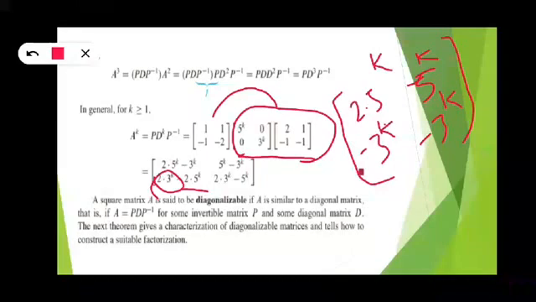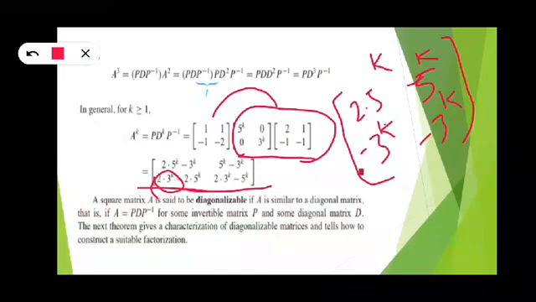Similarly the second element in the second row will be minus 1 into 5 power k, minus 5 power k, minus into minus plus 2 into 3 power k. Okay, so finally we got A power k, that is the formula for A power k.